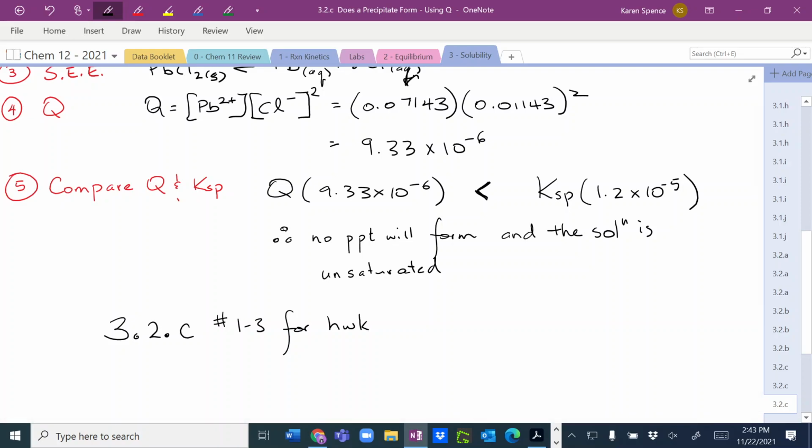Let's see, it's E. How well do you guys remember titration? Okay, so it'll be E, F, G, H, I. But H and I are just putting them all together in a big, massive bunch of Ksp problems.